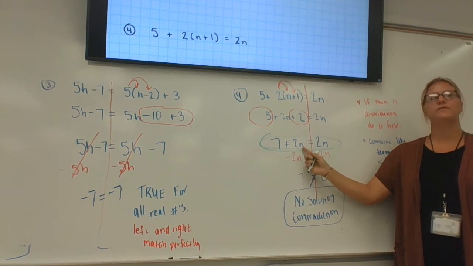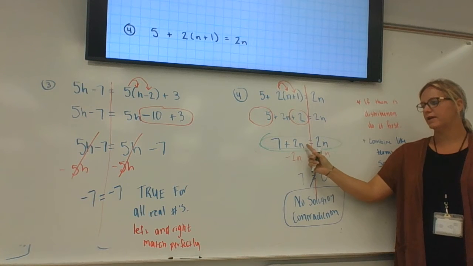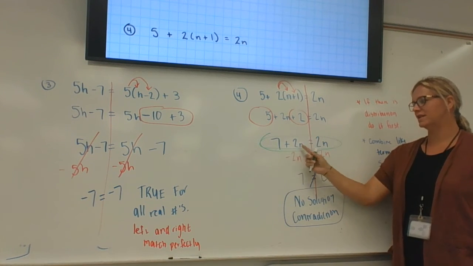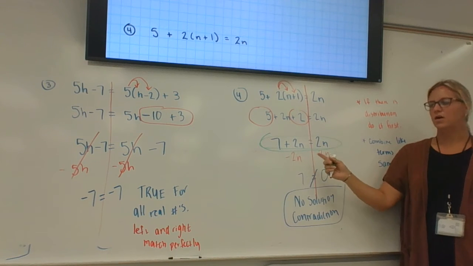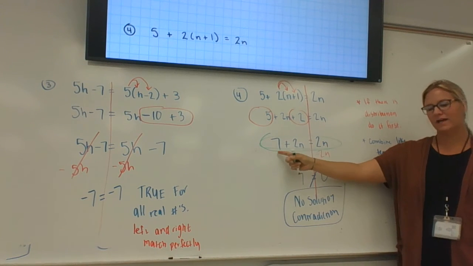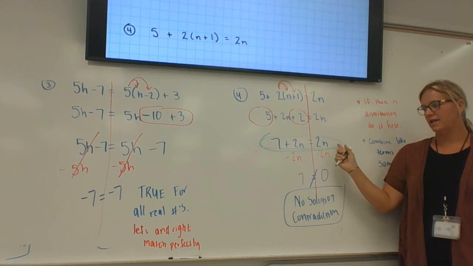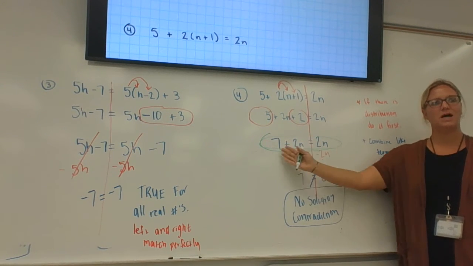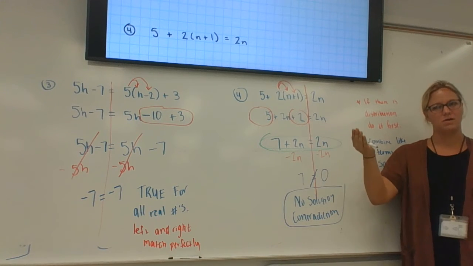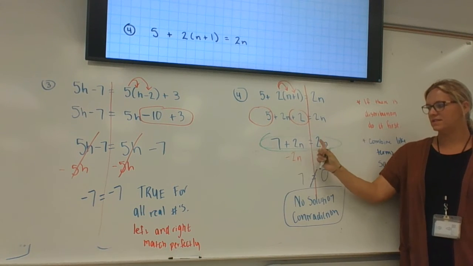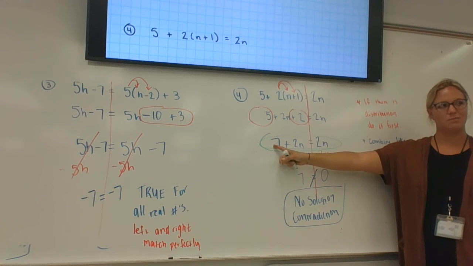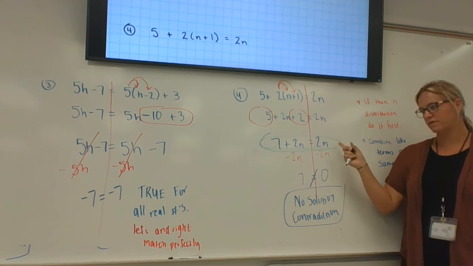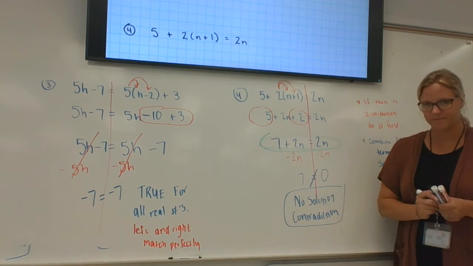Like, let's say n was 4. We would have an 8 here and an 8 here, right? So is 7 added to 8 ever the same as just 8? No, this 7 being on this left side of this equation and the ends being exactly the same means that this will never be balanced. It's impossible to make the two sides equal. So if this and this are equal and this one just has a number, that's never going to work out. These will never equal. The variable cancels and it's a contradiction.